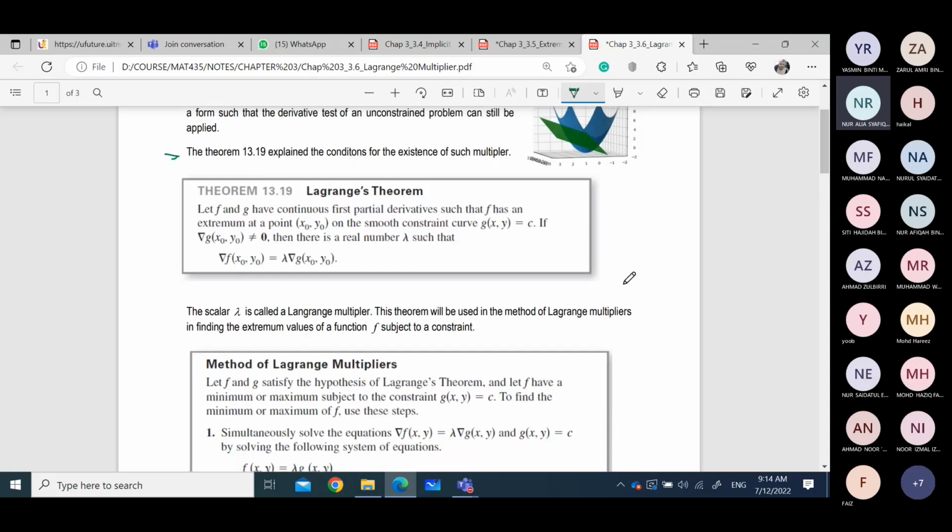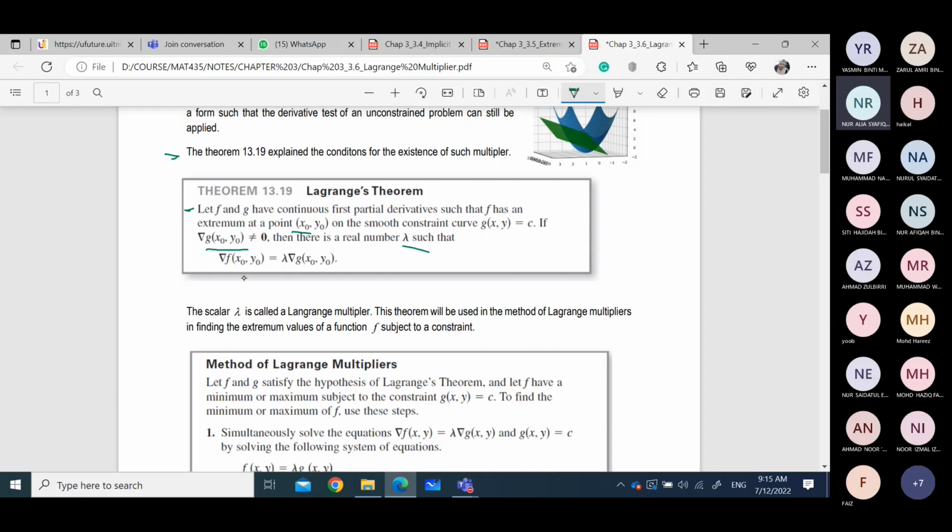Okay, so now look at this theorem. This is about Lagrange's theorem. Let f and g have continuous first partial derivatives such that f has a maximum at the point x0, y0 on the smooth constraint curve g equal to c. If the gradient of g does not equal 0, then there is a real number lambda such that the gradient of f equals lambda times the gradient of g.